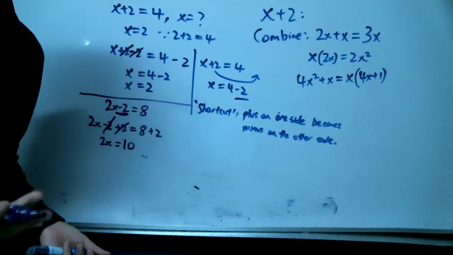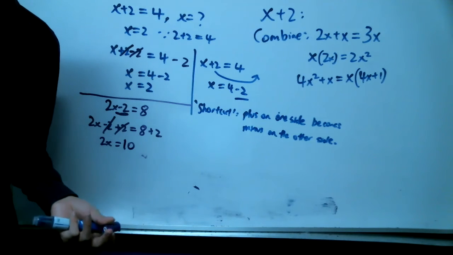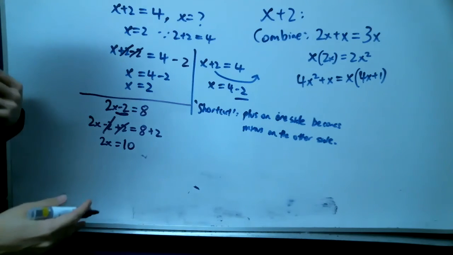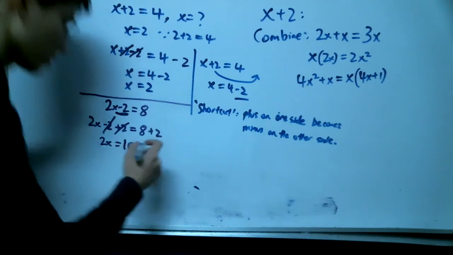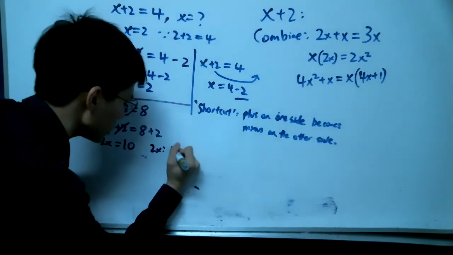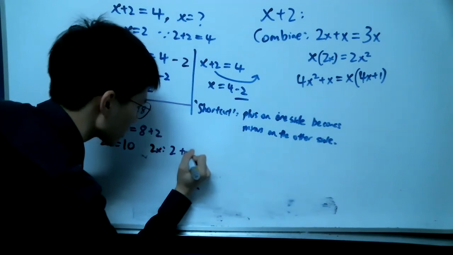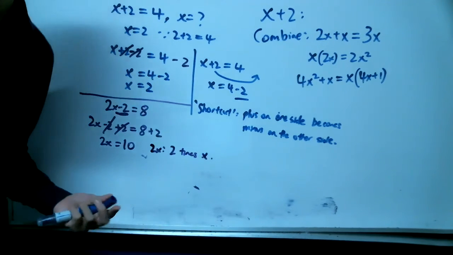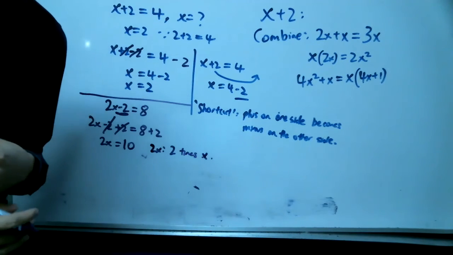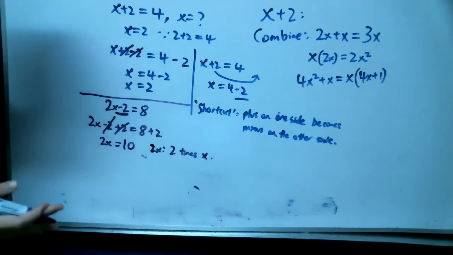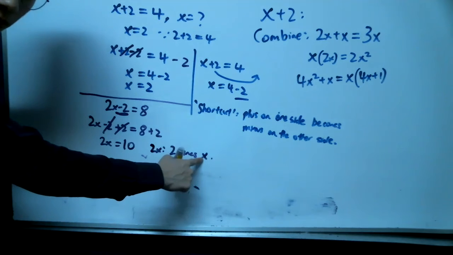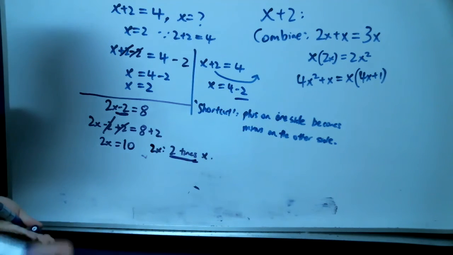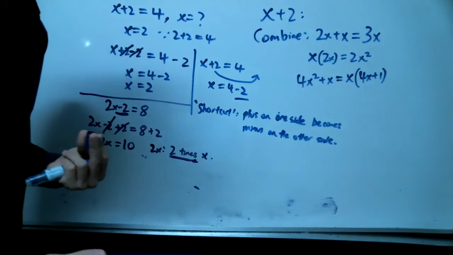The next question we ask ourselves now is, how do we get rid of this 2? Now you see, 2x is actually 2 times x, correct? Or rather 2 multiplied by x. So if we just want to get an answer for only x, then we need to get rid of this 2 multiplied by. So how do we do that?